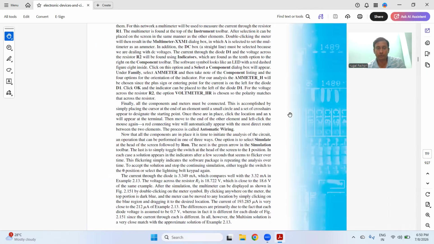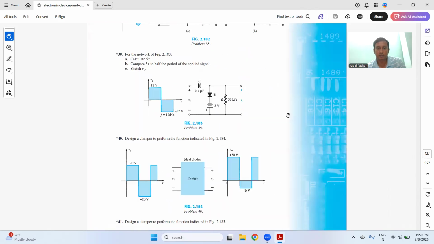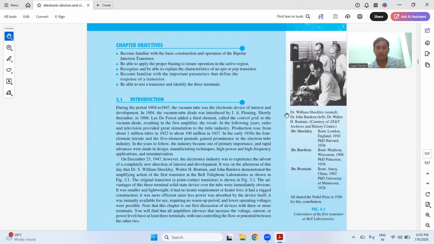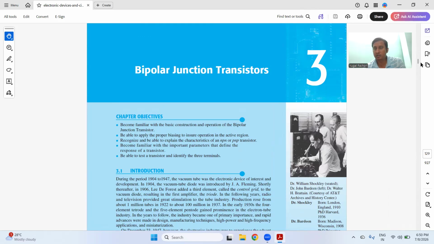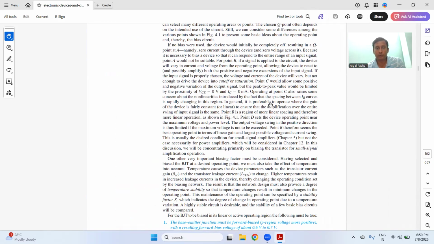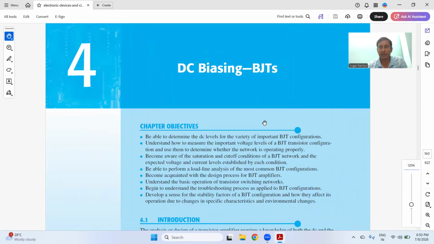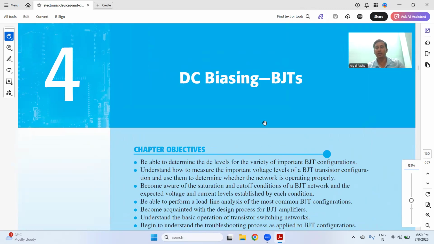We have to do the fourth chapter, so let me find it. This is done, this is done, this is also done. This is BJT, the third chapter. Let's move to the fourth. Yeah, this is chapter number 4. Let me zoom so that you can see it properly. Now everything is perfect, so let's start our discussion on the biasing of the BJT.